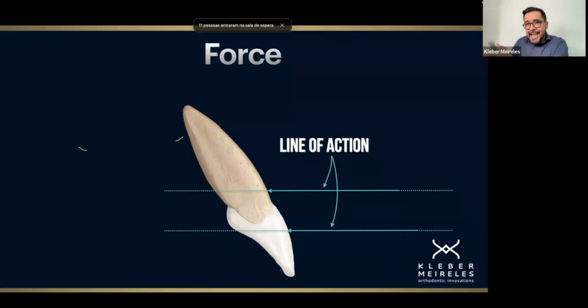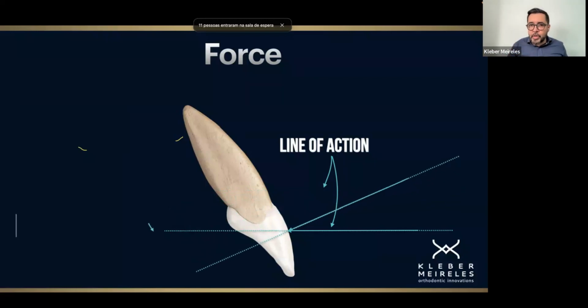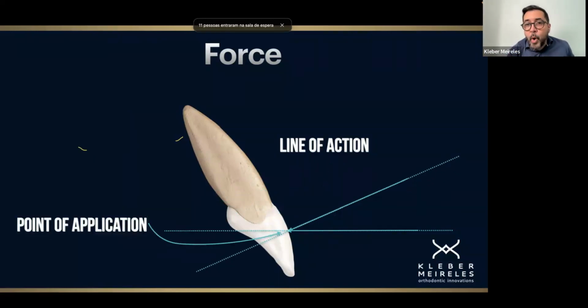Because from that line of action, we are generating the force that we want to eventually move the tooth or group of teeth. But understanding where that line of action, or the resultant line of action of the force that we are applying, will take us, what's going to happen to that specific body, a tooth or a group of teeth.